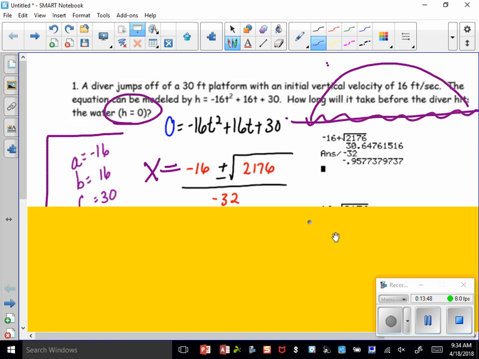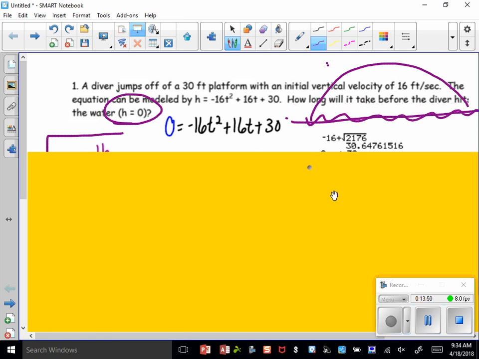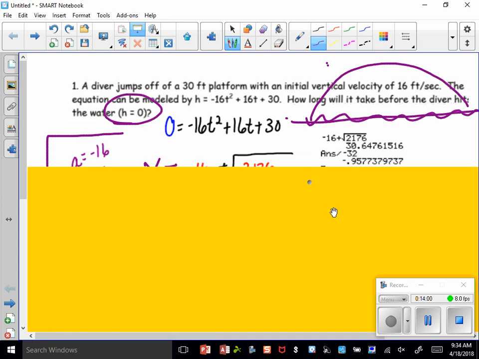So all I wanted you to do was type in this part right here, and you should get 30.6476 and so on. Now hit the division key and divide it by negative 32. Do you get negative 0.9577 and all of that? Okay, so just round it to negative 0.96.